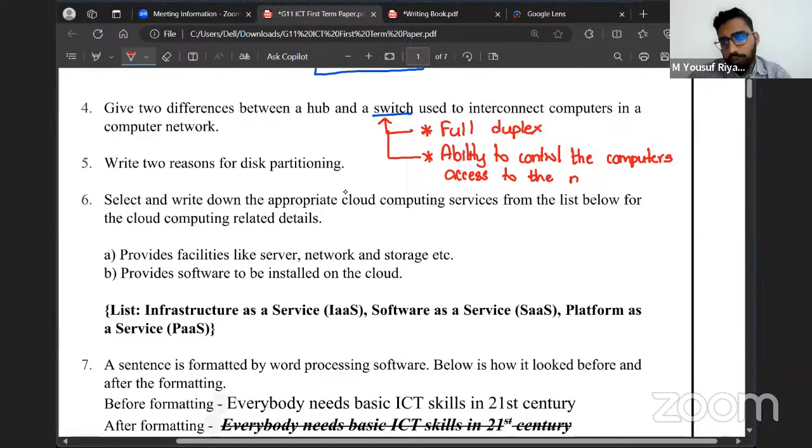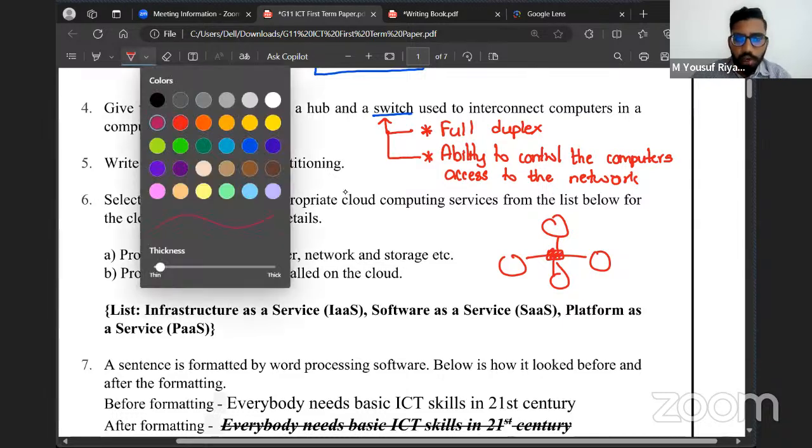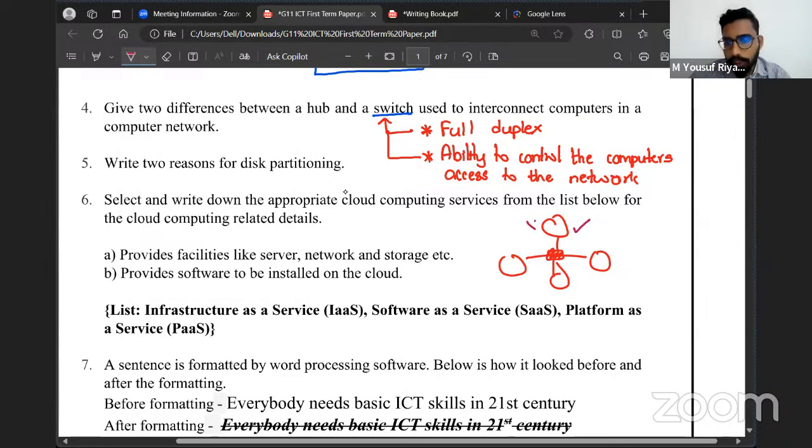Okay, so if there's four computers connected with each other, let's say all of them are connected using a switch. If it's a switch, I can allow this computer, or I can block this computer from accessing the files. I can control who has access to the files, and I can also control who doesn't have access.